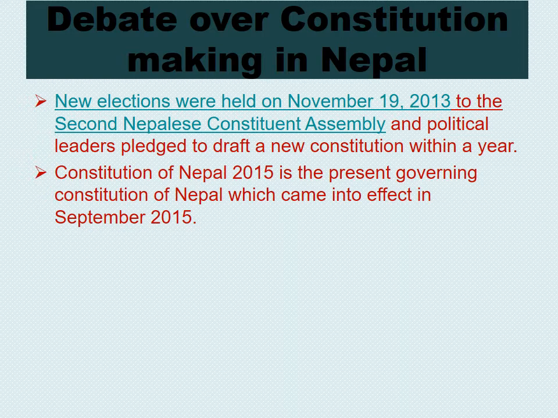So a constitution with credible leaders and substantive provisions makes a peaceful society, a society where people go along with the constitution.